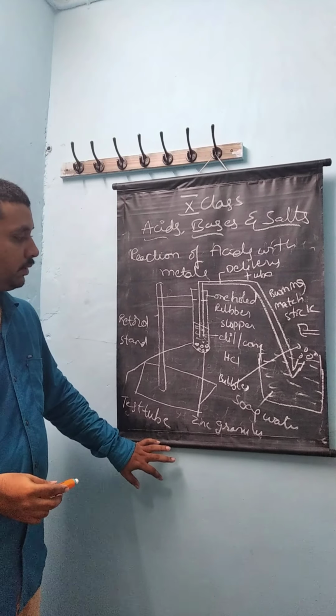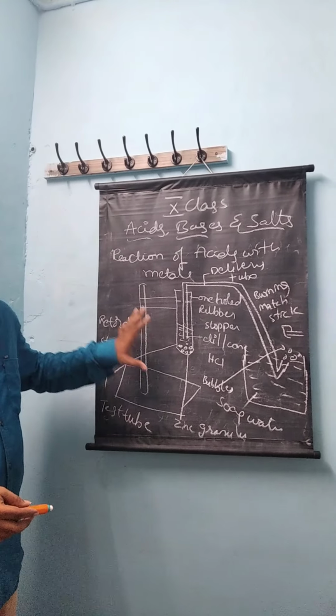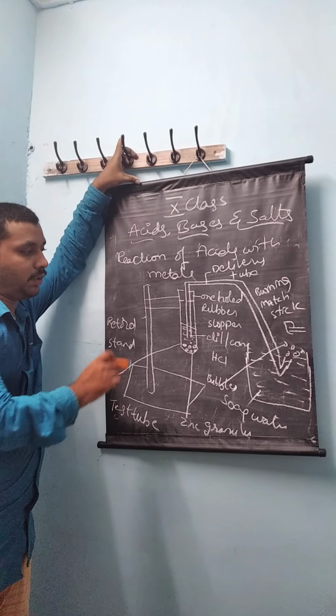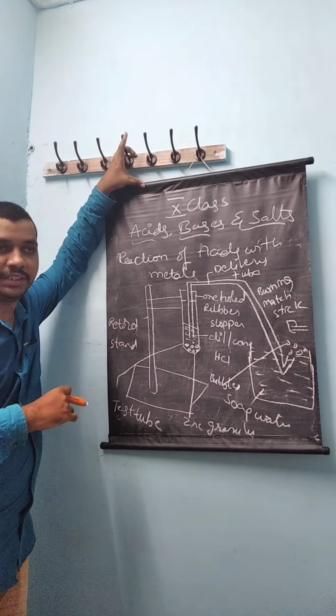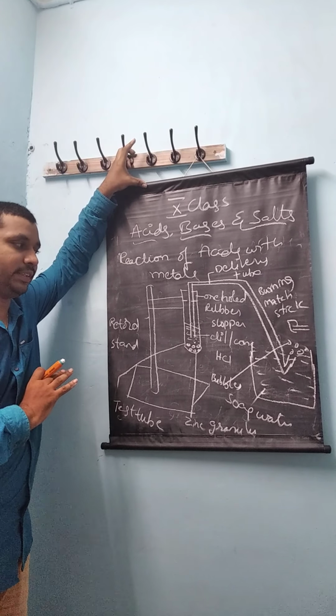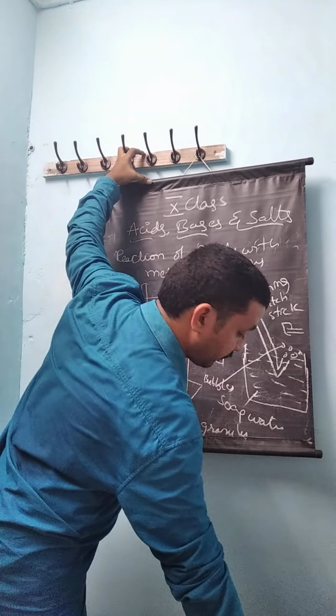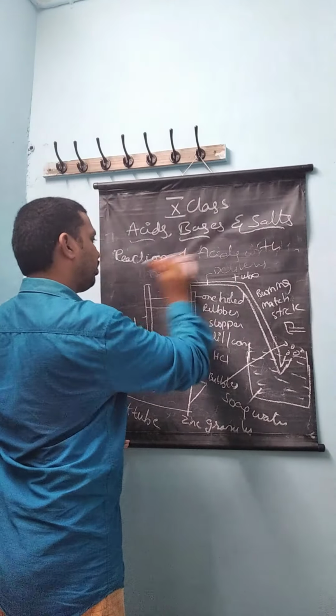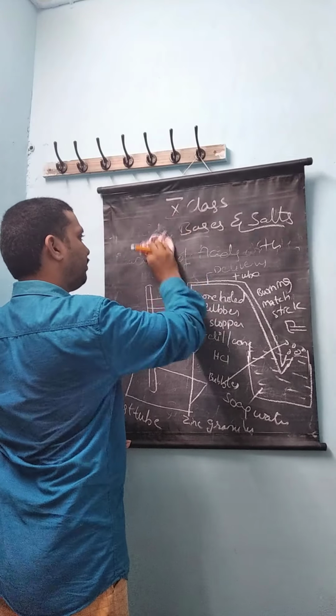Okay, these are the apparatus, and let's observe what is happening here and what reaction has taken place. We have to arrange the apparatus. After arranging the apparatus, what did we observe?